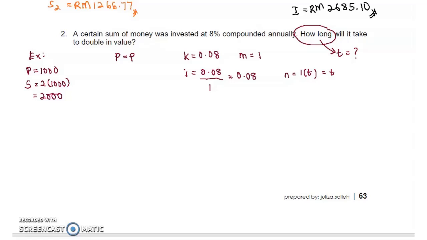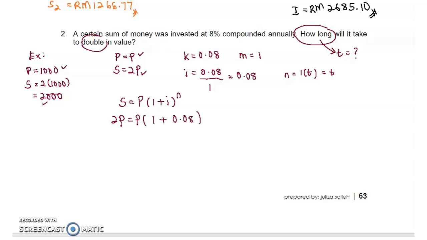Okay, we know that S equal to P(1 + i) power of n. So S we can write as 2P, because it is to double in value. If we invest 1000, we will get 2000. So if we invest P ringgit, we will get 2P. So substitute here, S equal to 2P, P equal to P, i equal to 0.08, n equal to t.